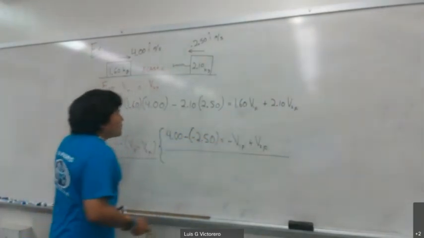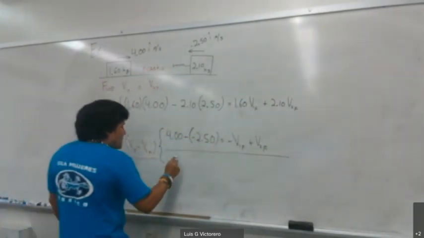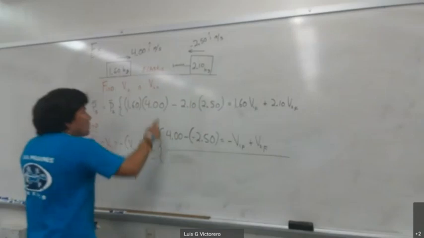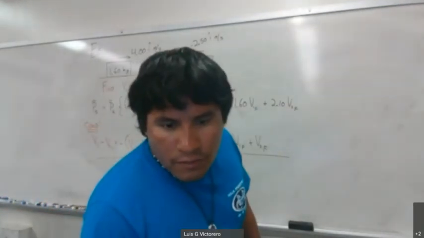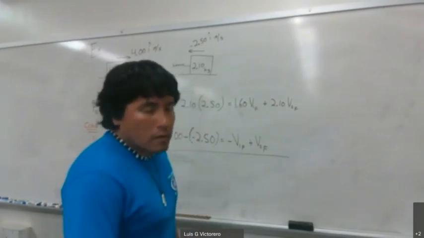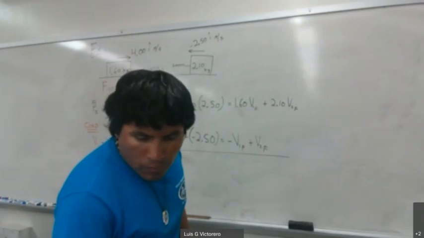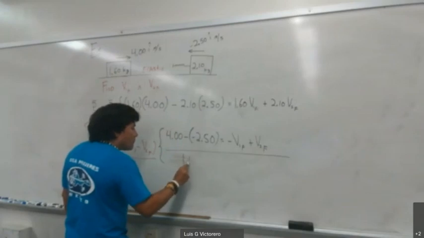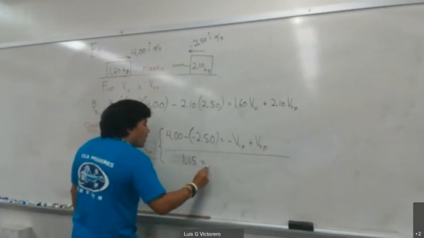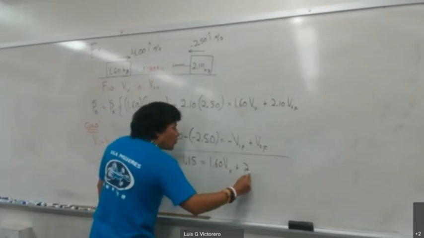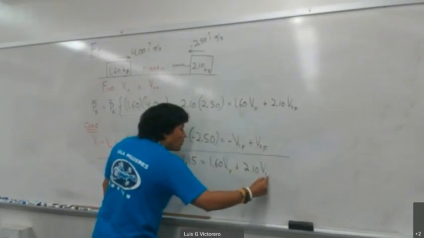So this equation here becomes 6.40, minus 5.25, so this is 1.15, equals 1.60 V1 final plus 2.10 V2 final.